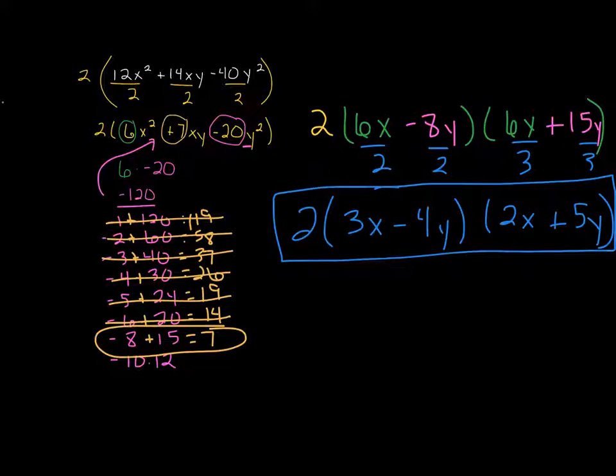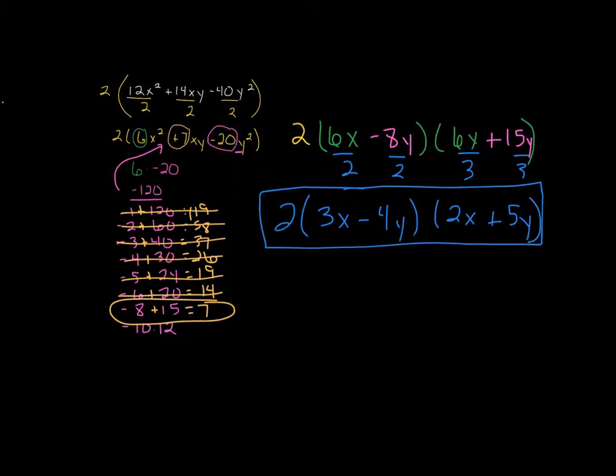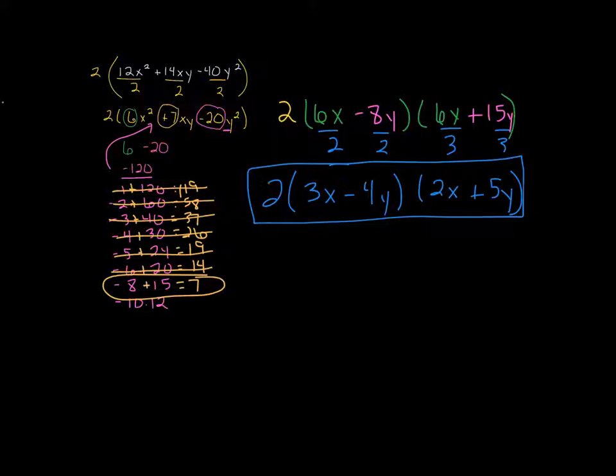Now we can FOIL and distribute to check our answer. So our first terms, 3x times 2x is 6x squared. The outer is plus 15xy. And the inner is minus 8xy.